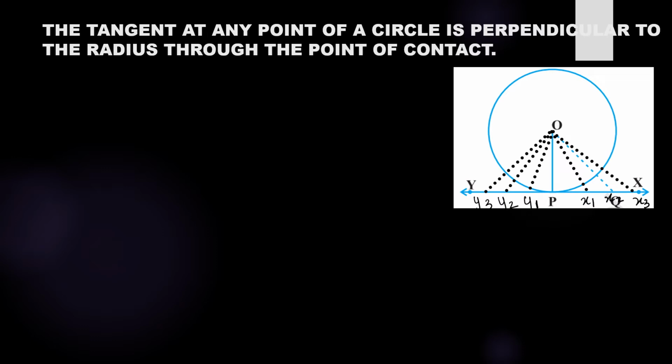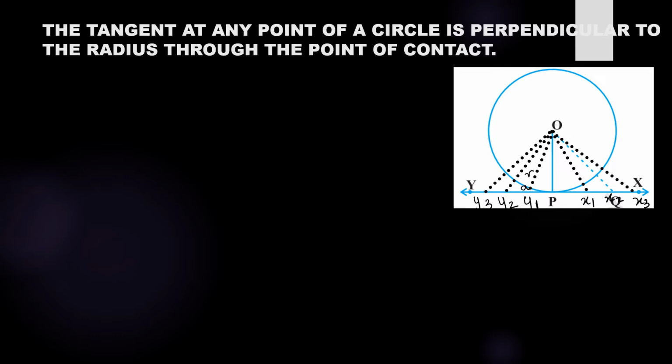Here OY1 is the distance from the center to a point on the line outside the circle. It is the radius plus some gap, which I am going to take as r plus a.